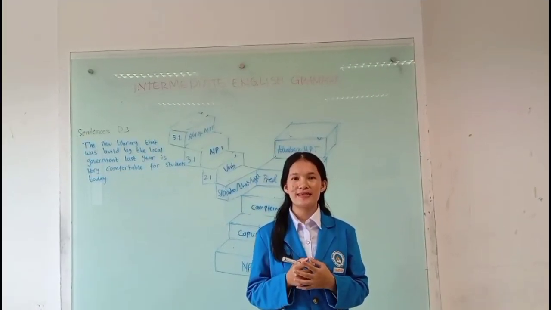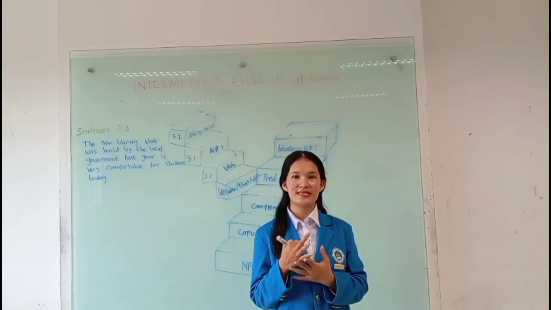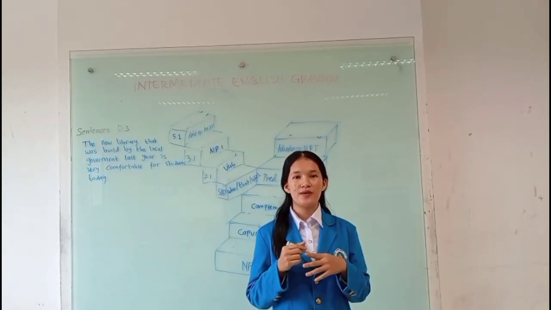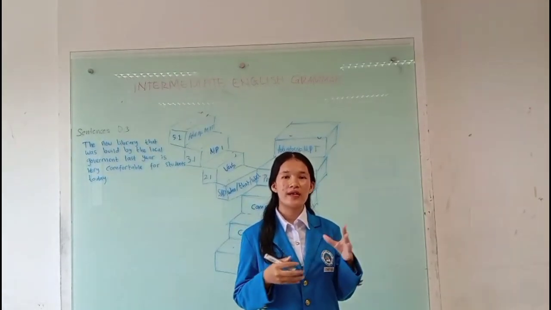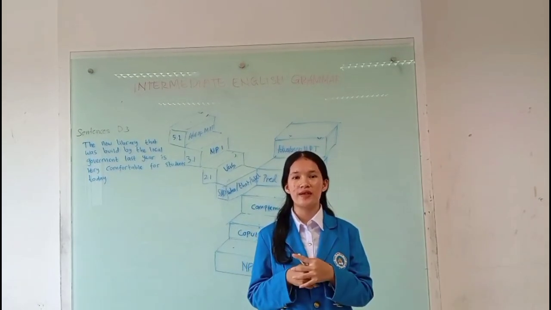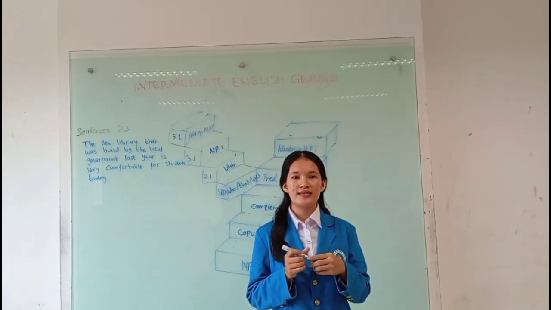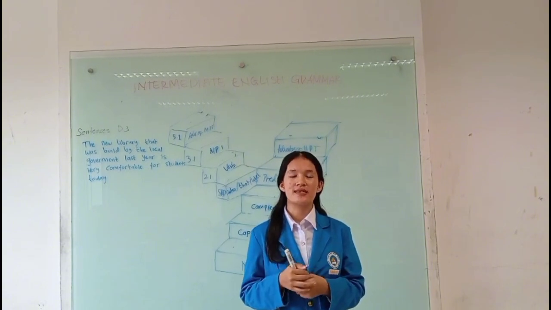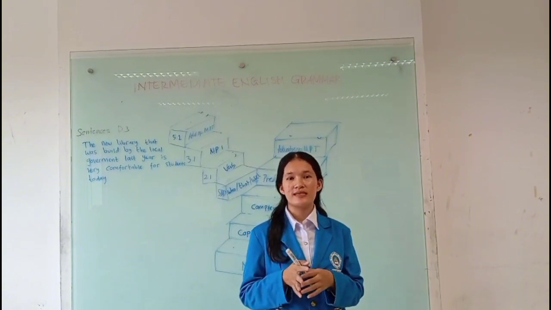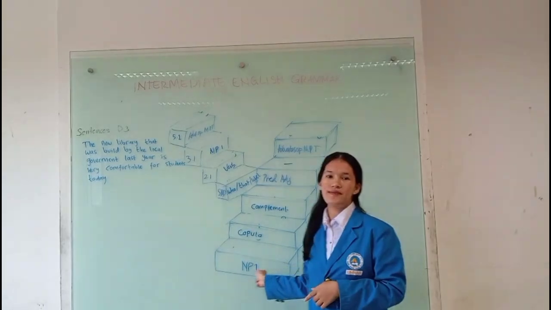Now, I will explain stepping the 5 stairs D3. Let's start with the main stairs. Our example sentence is: the new library is very comfortable for students today. Now let's identify each stair. The first stair is noun phrase 1.